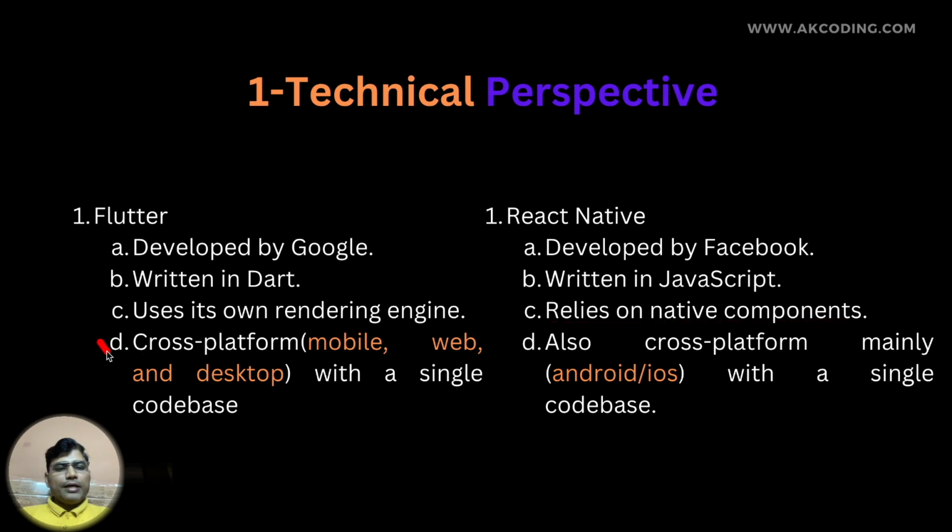Point number D, Flutter and React Native both are cross-platform app development frameworks, but Flutter focuses mainly on mobile, web and desktop technology, whereas React Native is mainly focused on Android and iOS, and it has not much focus on web and desktop.